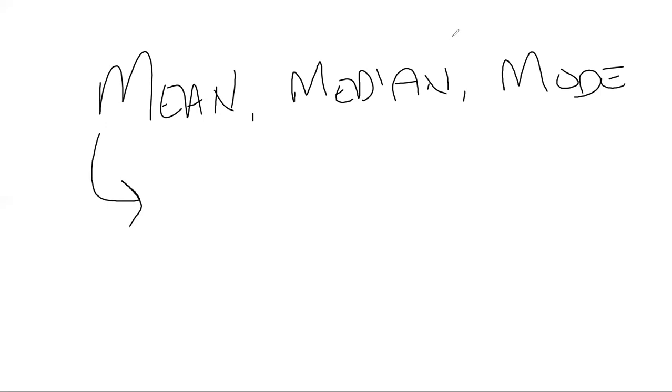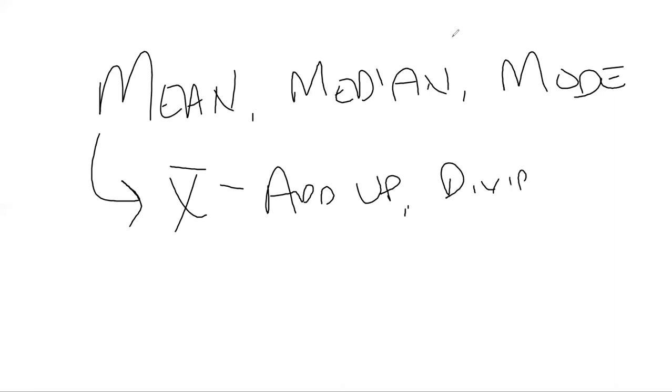The mean is what we typically call the average. We use this symbol to represent the mean, an X with a bar over the top of it. It's actually called X bar. The way we do this is we add up all the terms and then we divide by the amount of terms, right?